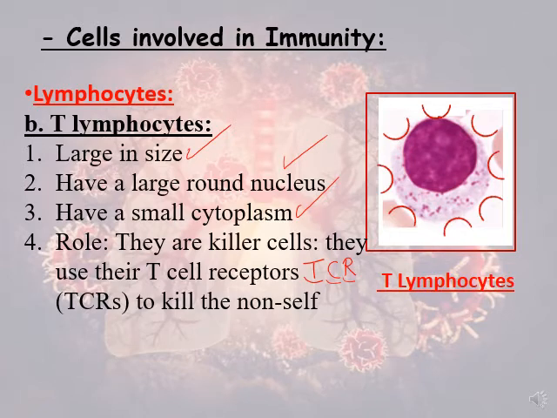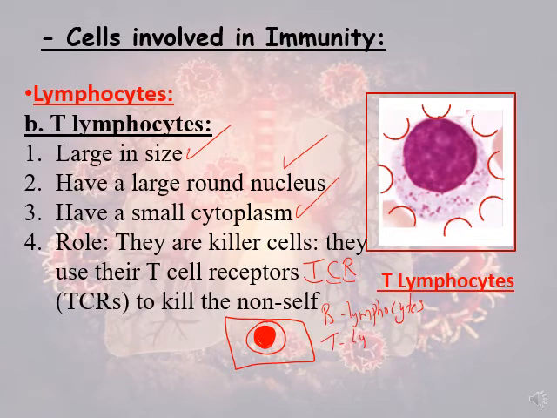So I repeat, B and T are very similar to each other. For example, maybe in the quiz I'm going to give you a figure like this. This is the cell and this is the nucleus. And I'm going to ask you, what is this cell? Some of you will say it's a B lymphocyte. Others will say, no sir, it's a T lymphocyte.